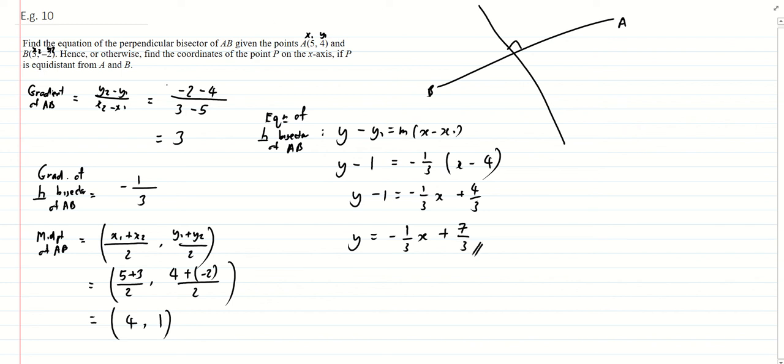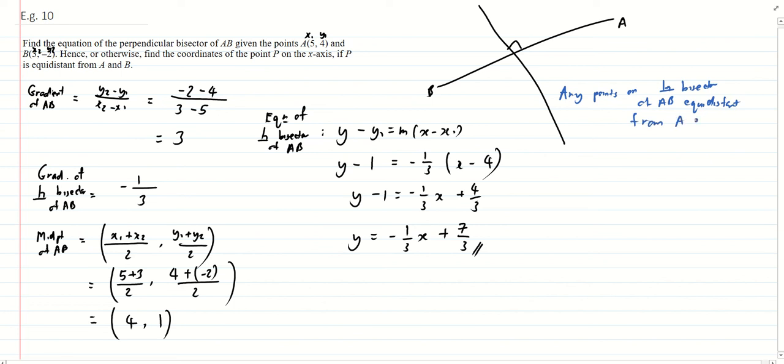Now, hence or otherwise, find the coordinates of point P on the x-axis if P is equidistant from A and B. So what you need to understand is that the perpendicular bisector has this property: any points on the perpendicular bisector of AB will always be equidistant from A and B. That means if I select this point over here, this will be equidistant.